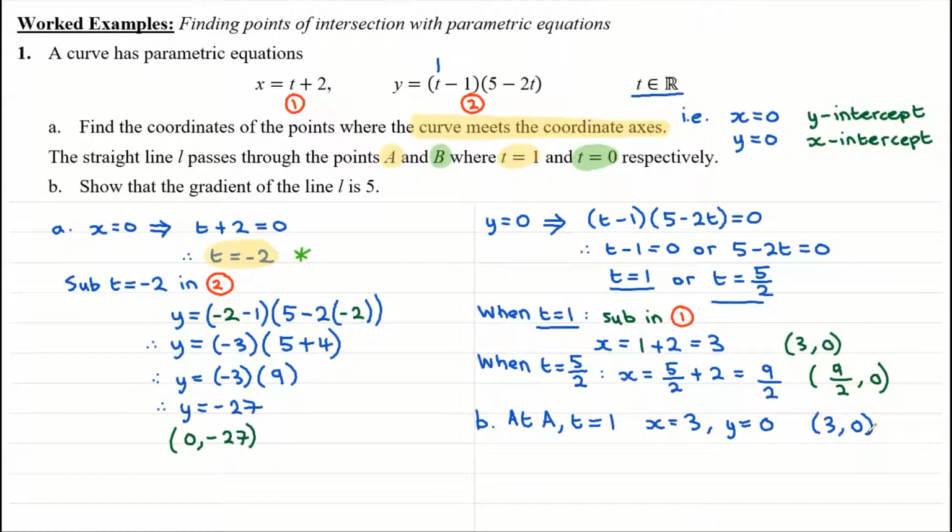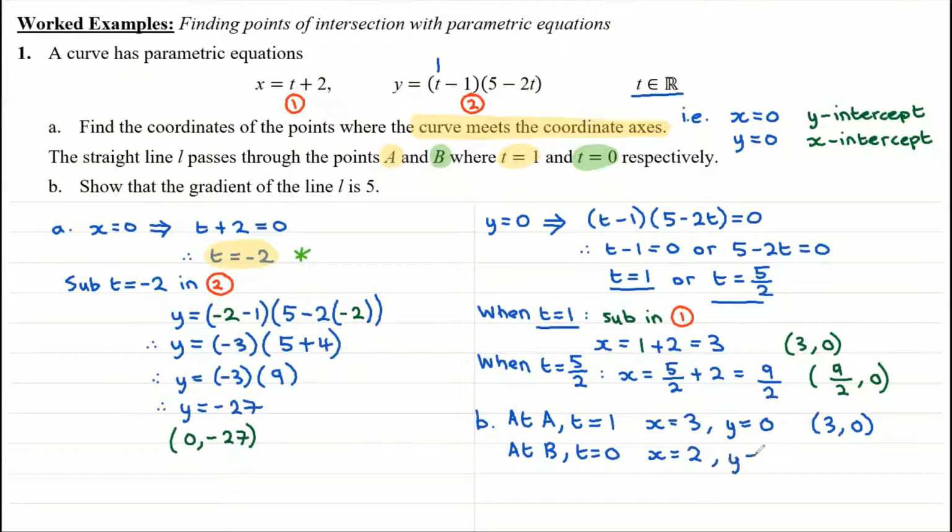And at t equals 0, which is at B, x is going to equal 2.